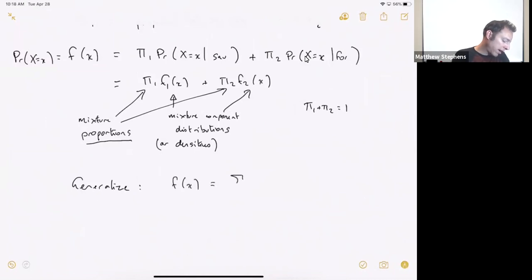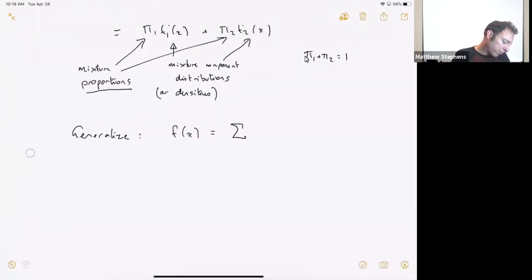As I've mentioned, the F's can be densities or probability mass functions, depending on whether X is a continuous or discrete random variable. Something like this would be a mixture of 1 to capital K distributions.